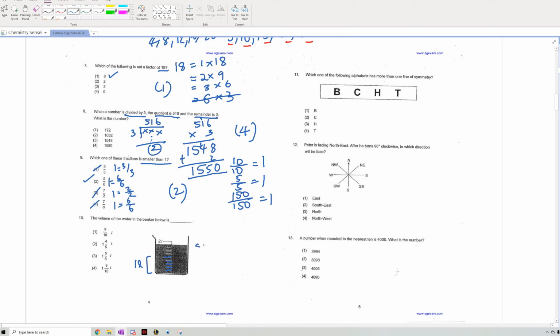So 5 markings is equal to 1 liter. However, over here we have 1, 2, 3, 4. 4 markings.